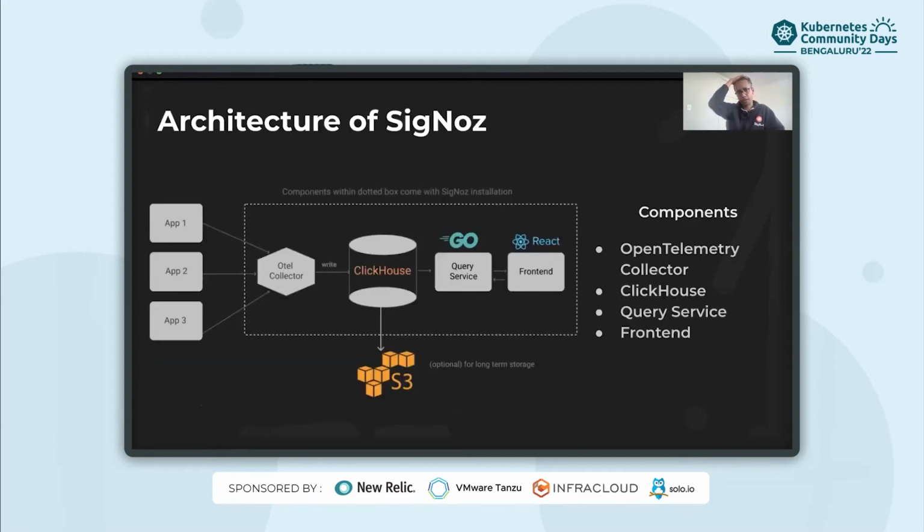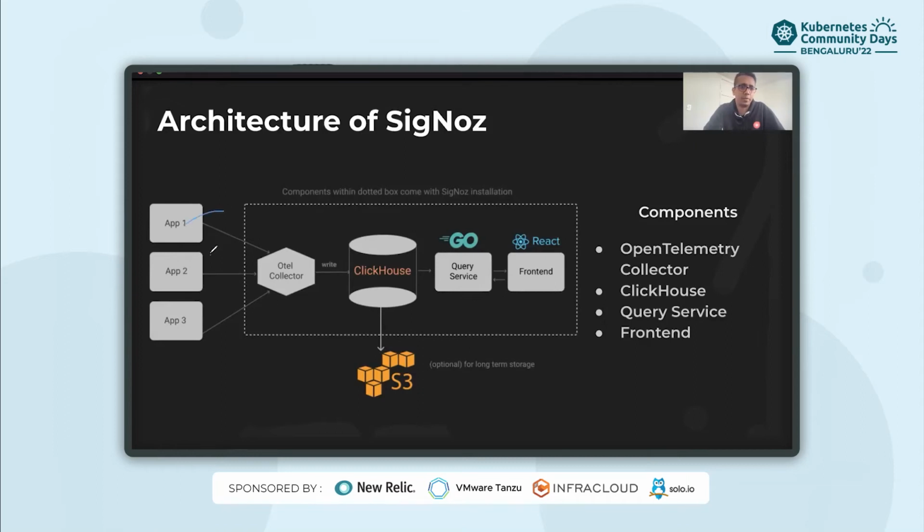Now let's take a quick look at how we have designed SigNoz, and this will lead to the potential issues we may face at ingestion scale. Broadly, we use OpenTelemetry libraries to instrument applications.